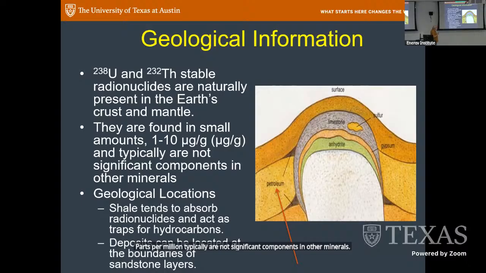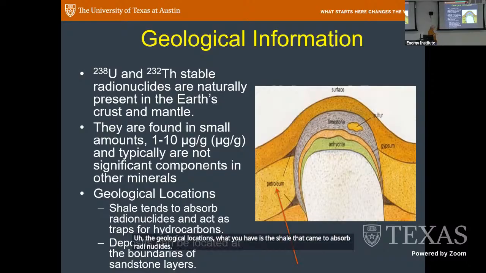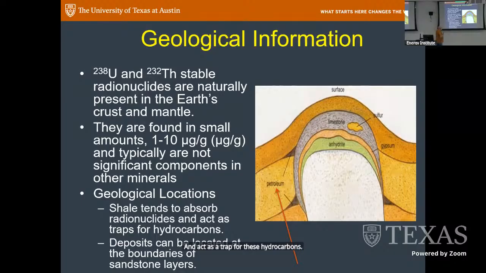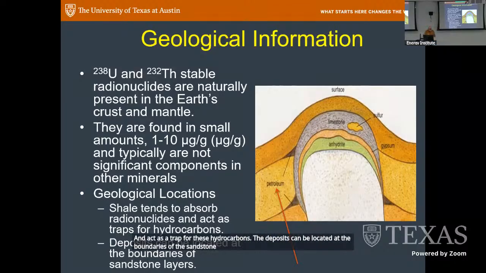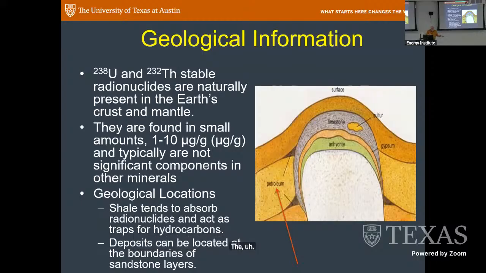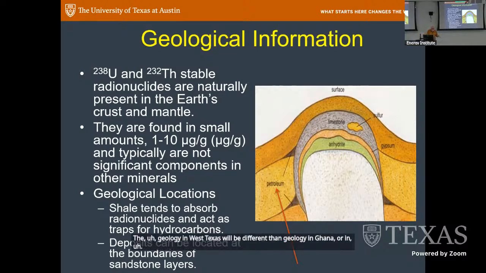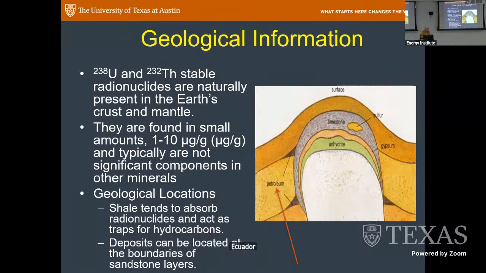The geological locations: shale tends to absorb radionuclides and act as a trap for these hydrocarbons. The deposits can be located at the boundaries of the sandstone layers. Of course, the geology in West Texas will be different than geology in Ghana or in Ecuador, or in many other parts of the Middle East.